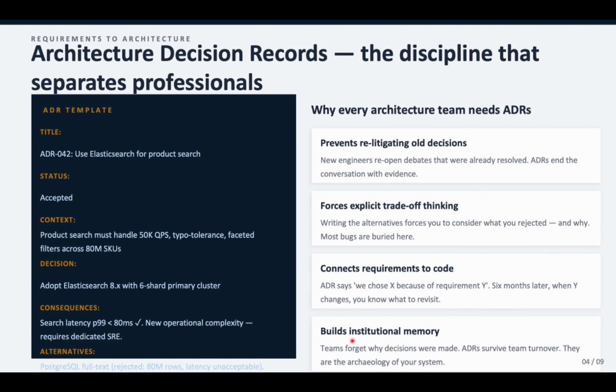And ADRs build institutional memory. Code tells you what was built, but ADRs tell you why. These documents survive team turnover. They are the archaeology of your system. Start with ADRs today, even for decisions you have already made.